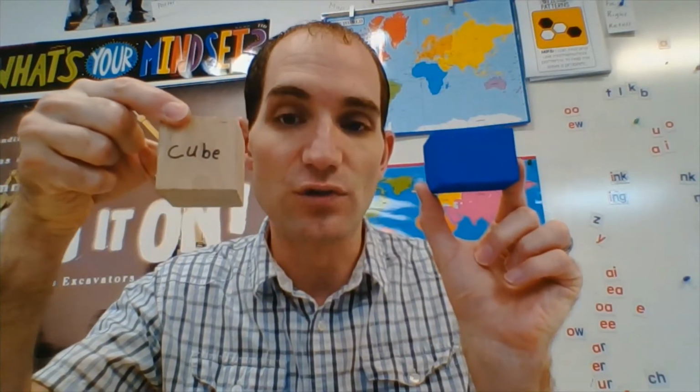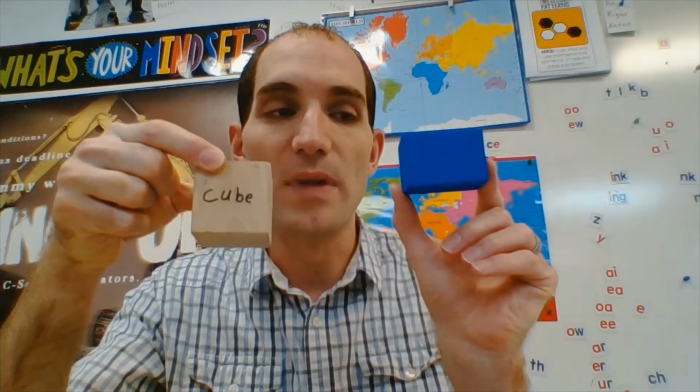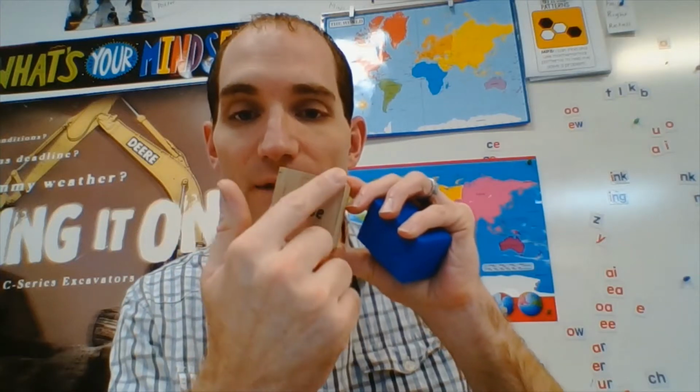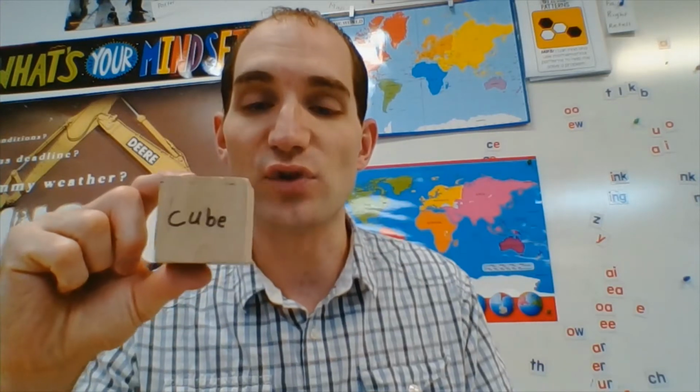But if it looks like a rectangle instead of a square, it's a rectangular prism. So remember, a rectangle, the sides are not all the same length. We've got a long side and a short side. On a square, the sides are all the same length. And so if it's full of squares everywhere, it's a cube. If it's full of rectangles and only a couple of squares, it's called a rectangular prism.